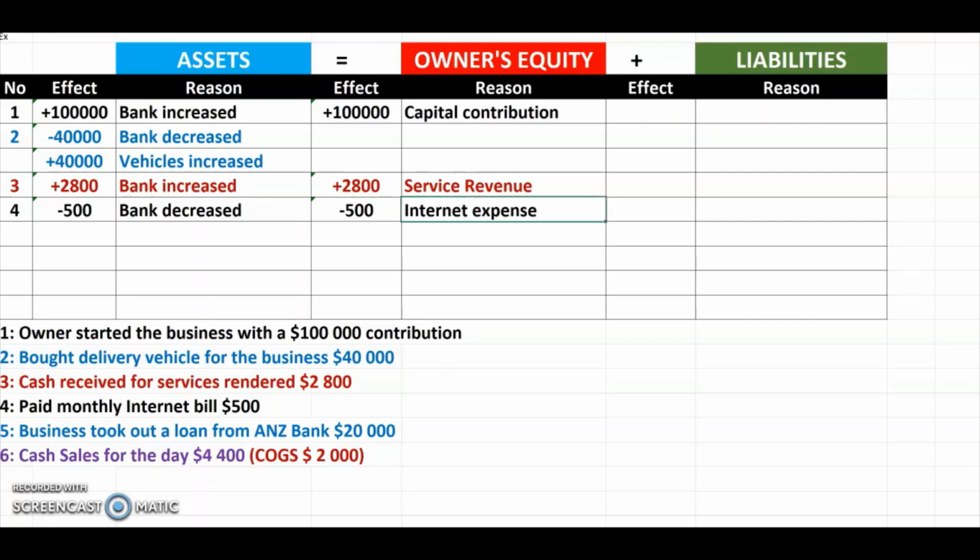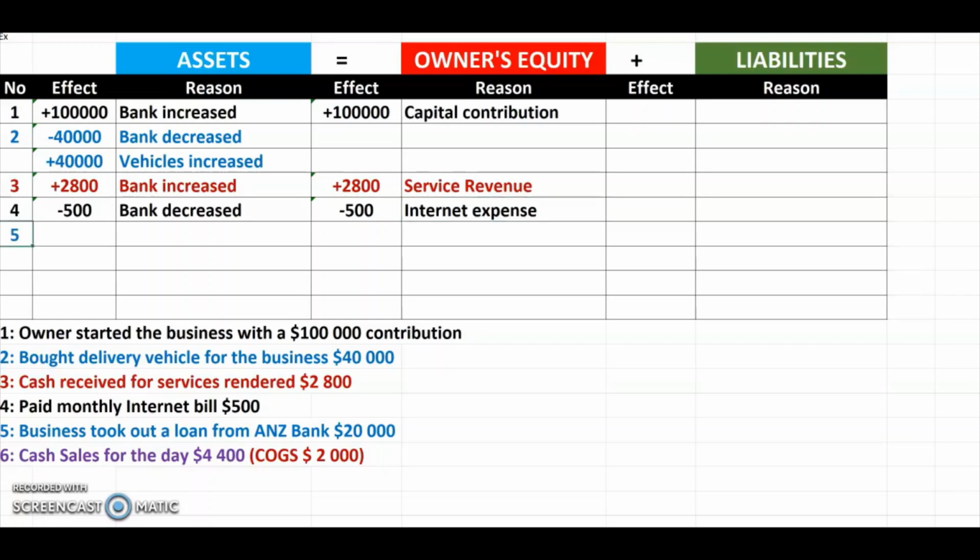So expenses decrease owner's equity. I write the minus $500 internet expense. By naming it as an expense, you show me that you understand expenses decrease the profit. Profit goes to the owner, thus owner's equity is involved.